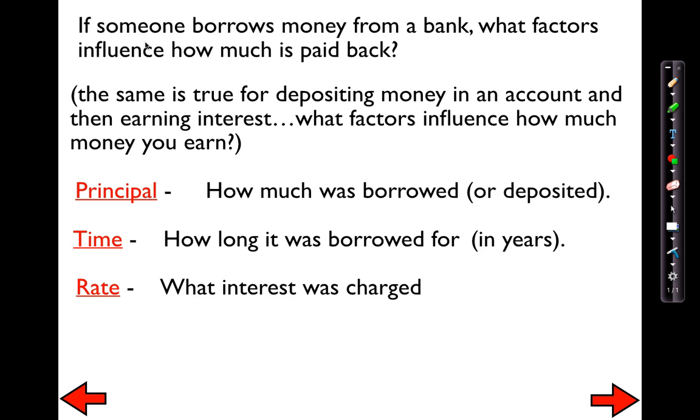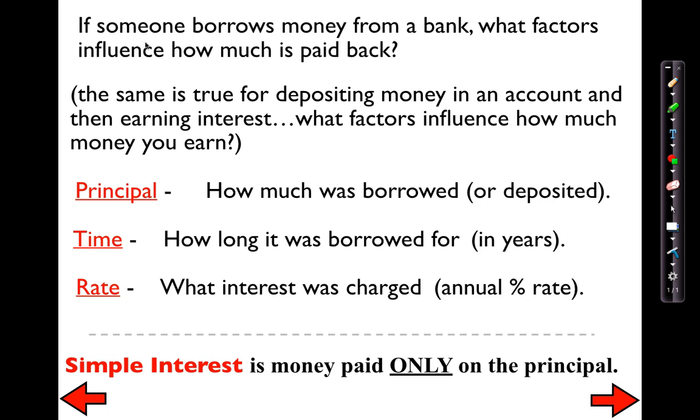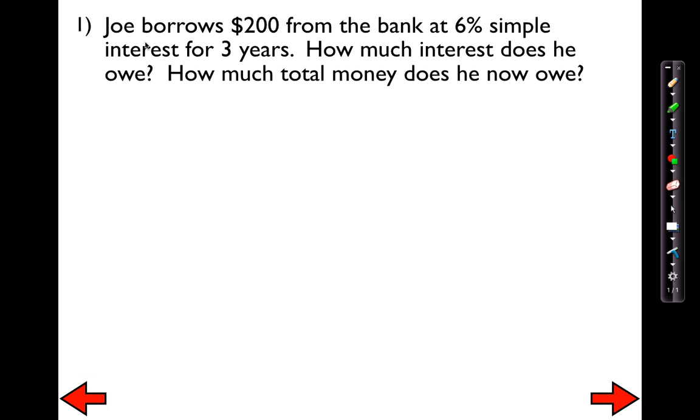And rate would be, well, what interest were you charged? This is the case if you're borrowing money. Now, if you were keeping money in a bank account in your savings, then you would consider their annual rate. So simple interest is money paid only on the principal. So whatever you borrowed or whatever that's deposited.